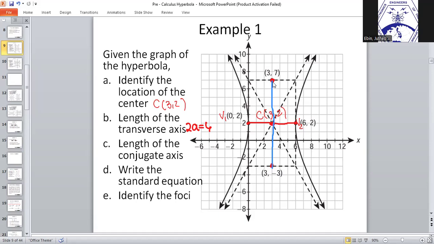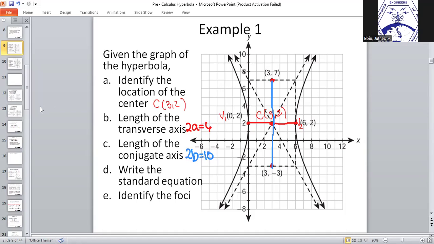So again, we can find the distance between (3, 7) and (3, negative 3) to find the length of the conjugate axis. Pero pwedeng bilangin na lang natin ulit. So 1, 2, 3, 4, 5, 6, 7, 8, 9, 10. So our conjugate axis, which is 2B, is equal to 10.